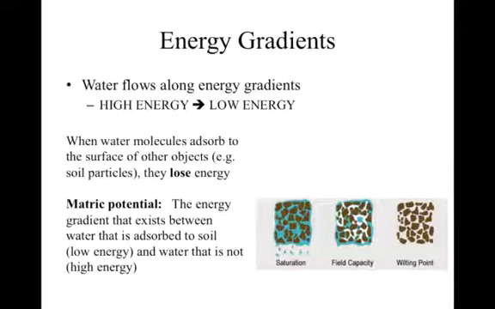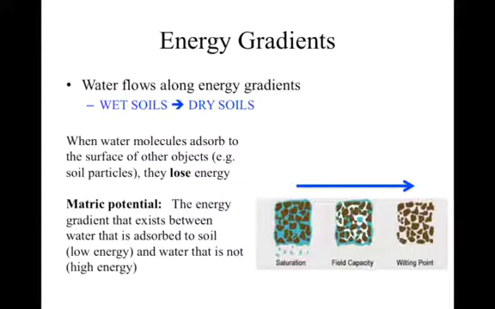Now, when I have a really waterlogged soil, all of the surface of that soil has water adsorbed to it, but then there's a lot of water that's above the surface in between all the cracks that has nothing to adsorb to, because all the surfaces are used up. If I contrast that to a dry soil where none of the surface is used up, then water can flow from that saturated soil, where it doesn't have anything to adsorb to, to that drier soil where it can find something to adsorb to.